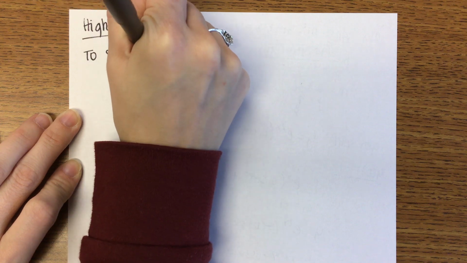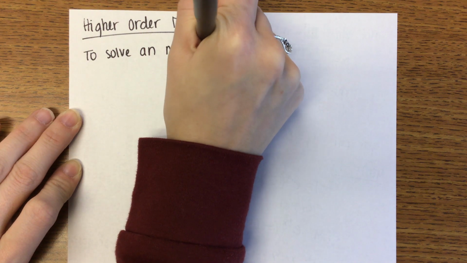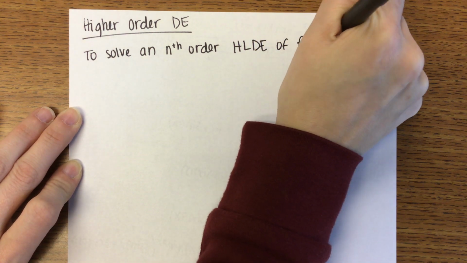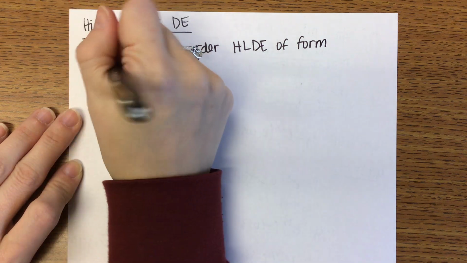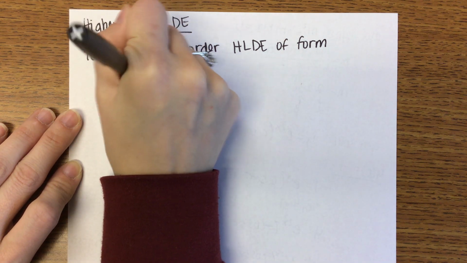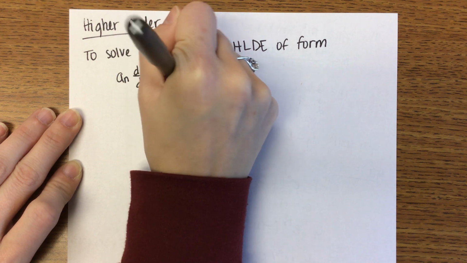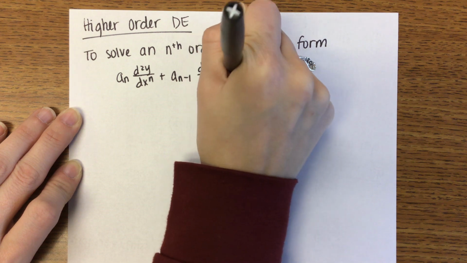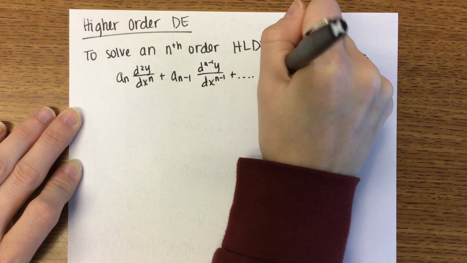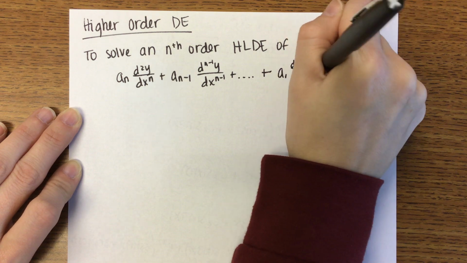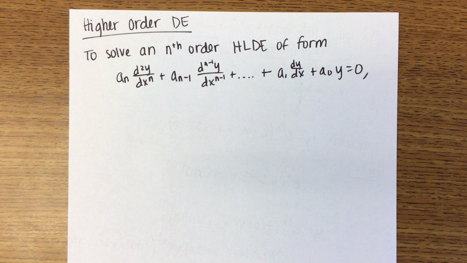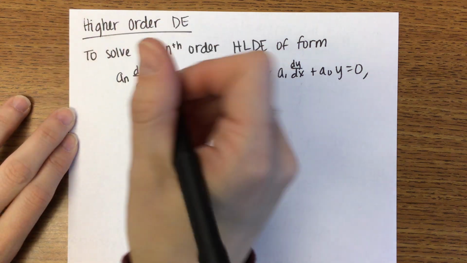Okay, to solve an nth order homogeneous linear differential equation of the following form, so this will be an nth derivative of y, you're going to use the same approach. You're still going to solve the auxiliary or the characteristic equation.